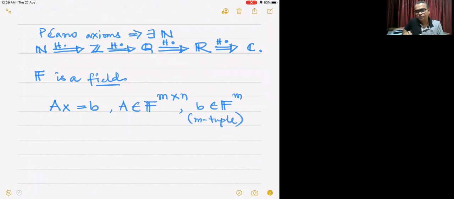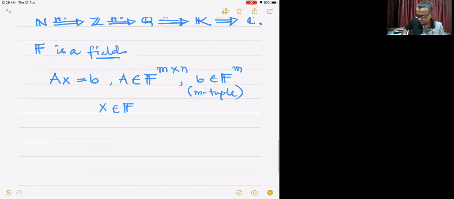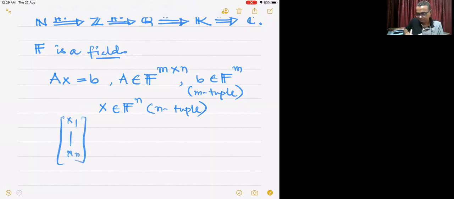I'm using the word for the first time, but I'll be using it pretty frequently from this point onwards. And X is from F^n, so it's an N tuple, of the form x1 up to xn. So this is unknown.